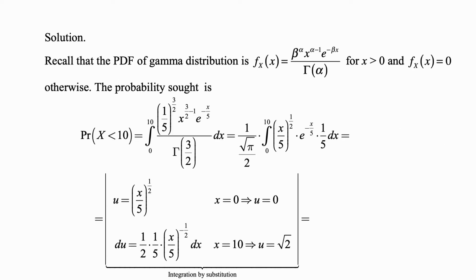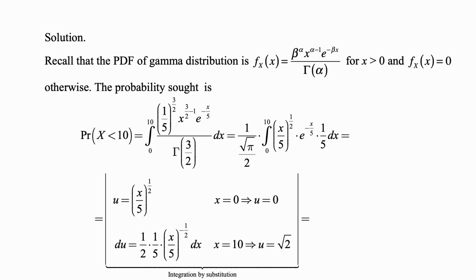And here's the solution. Recall that the PDF of the gamma distribution is f sub X of x equal to beta to the power alpha times x to the alpha minus 1 times e to the minus beta x, divided by gamma of alpha, for x greater than 0, and f sub X equal to 0 otherwise.